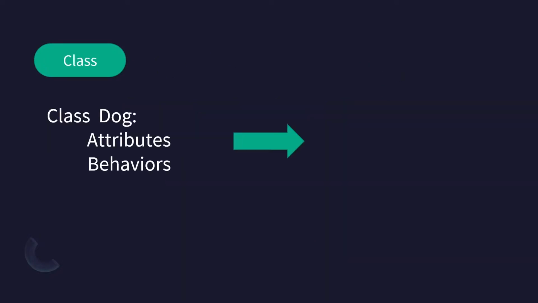Then class. Class is all about abstraction. Here we are declaring a class Dogs, and it contains attributes and behavior. All classes contain attributes and corresponding behaviors. Attributes are nothing but variables.